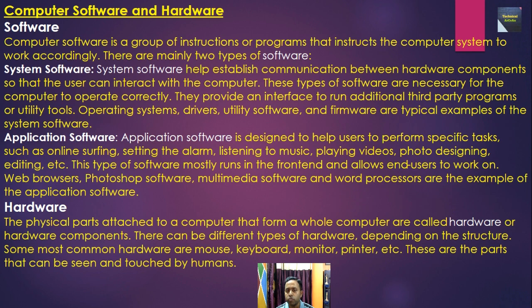Software has two types. One is system software, which is needed within the computer for our operating system and for our hardware part. Another is application software, which is for the user, like word processing, video player, music player, and gaming software. So these are the application software needed by the user, and some software is needed by the system or operating system or the hardware; they are the system software.